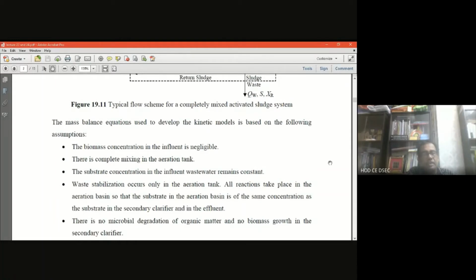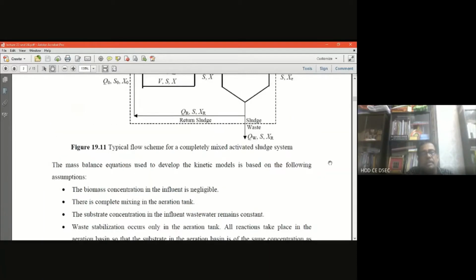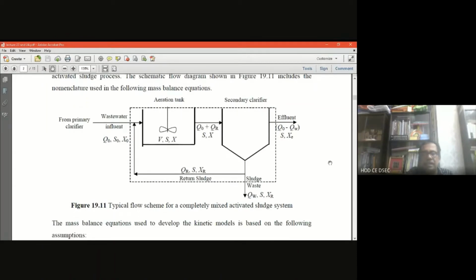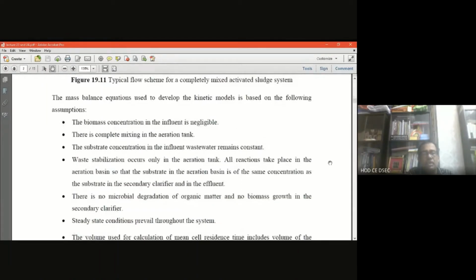What do you mean by this? You see the S in the tank, then when it leaves it is again S, then when it leaves the secondary clarifier as effluent, again it is S. So substrate concentration throughout the system is considered uniform. That is the third assumption.